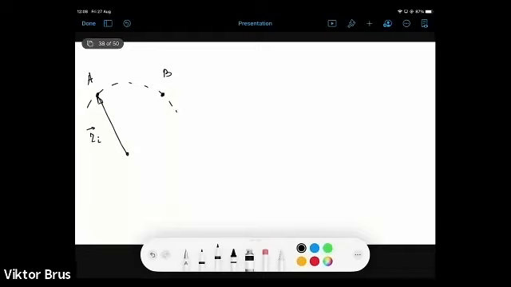At every point on this trajectory, the velocity vector, let's call it V i, the initial velocity vector, is perpendicular to the position vector, because this is a circular trajectory.